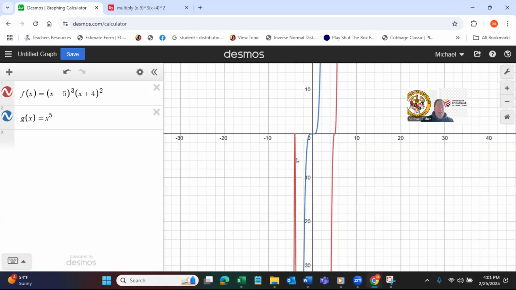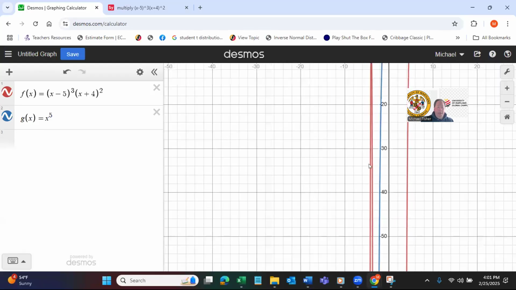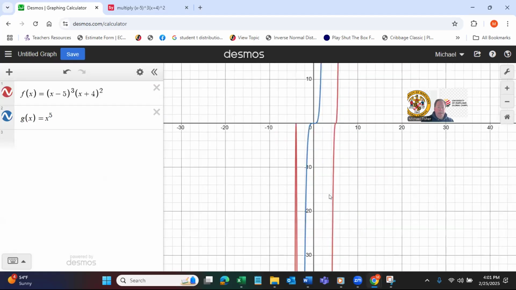With the given red function, it's doing a lot more wiggling than the blue function. But if we go out to the left, it looks like overall the graph is going down. And then as we go to the right, notice that the power function is increasing, and that's what the red function should do as well.